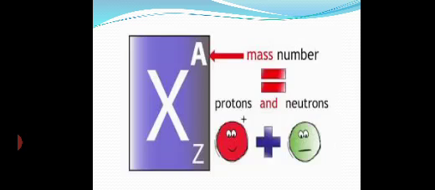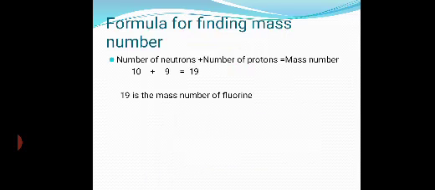We can calculate the mass number of any element by adding protons and neutrons. This is the formula for finding the mass number: number of neutrons plus number of protons is equal to mass number.